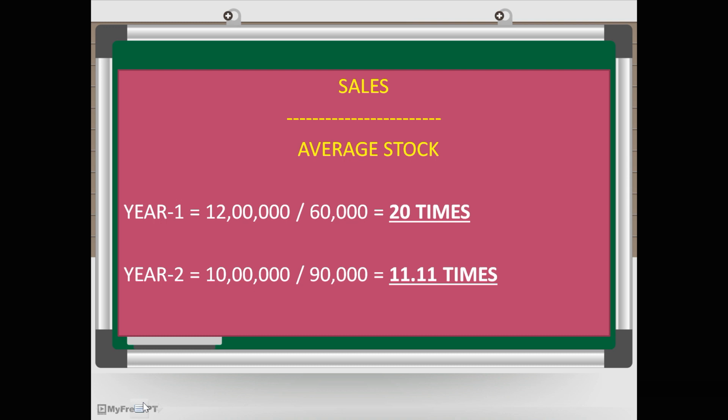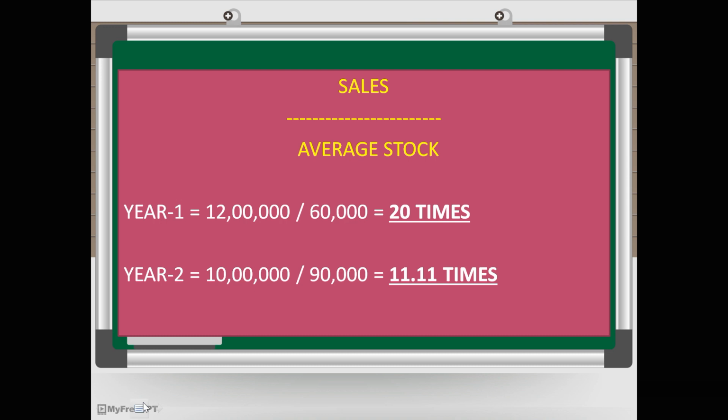Stock turnover ratio જો એ બી ઘટે છે as compared to 20 times in year 1, it has declined to 11.11 times in second year. So that means it is an unfavorable ratio.